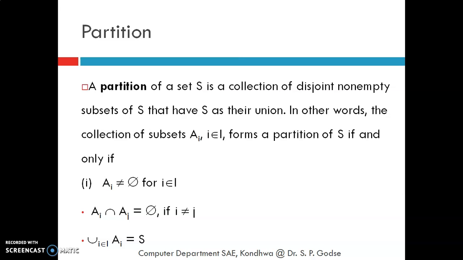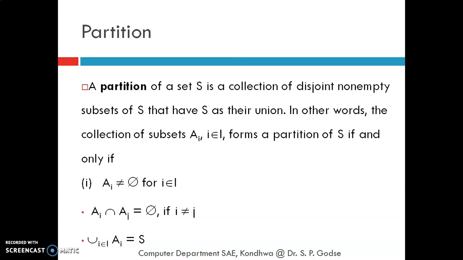Now we'll see the next concept, that is partition of a set. A partition of a set S, where S is a given set, is a collection of disjoint non-empty subsets of S that have S as their union.